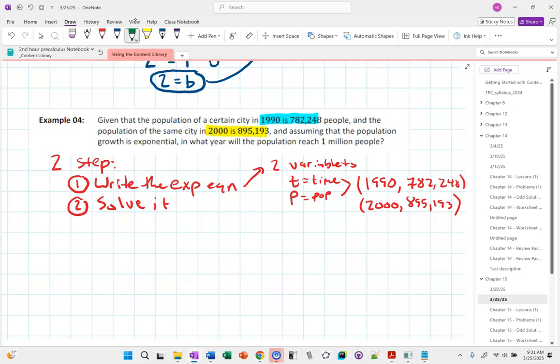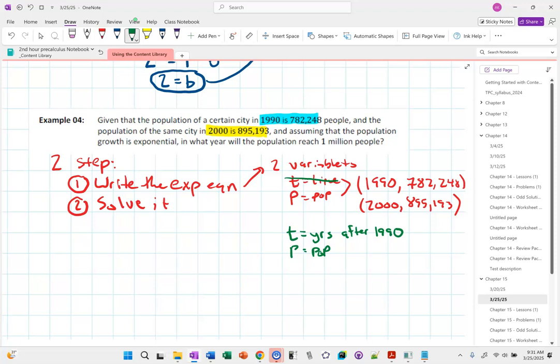So I'm going to do this. Instead of calling T just time, I'm going to make T the years after 1990. I'm going to leave P still just population.